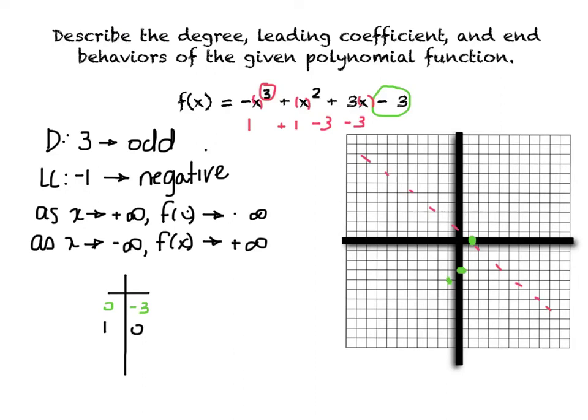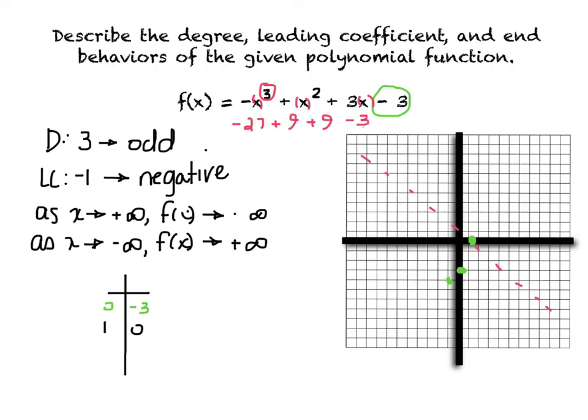Let's plug in 3. If we plug in 3, we get 3 cubed, so that's going to be -27 plus 3 squared would be 9 plus 3 times 3 is 9 minus 3.